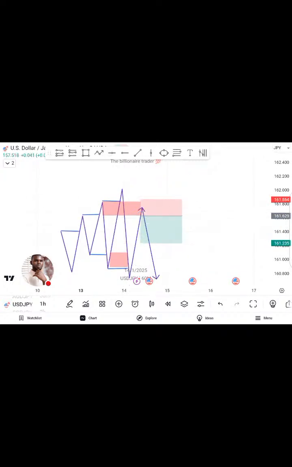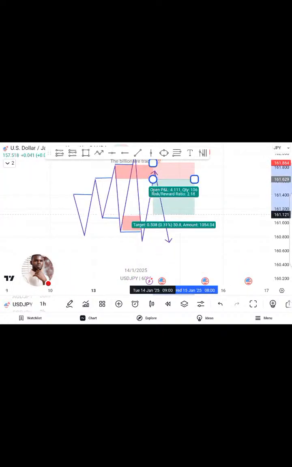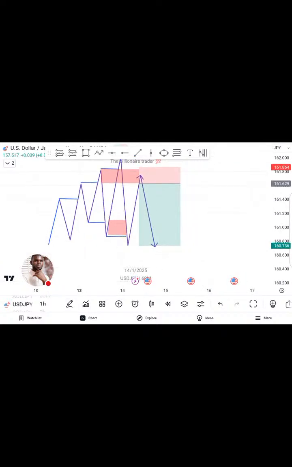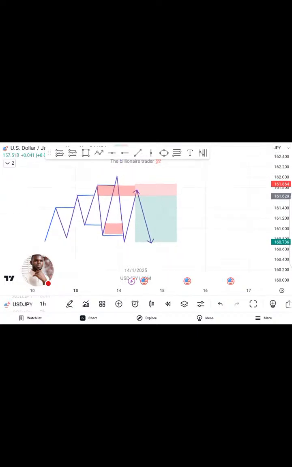So this is one of those things I actually discovered while doing my backtesting. I'm going to explain it again. We have this structure here. Price is breaking highs. Then there is a change of character, signifying that okay, price is ready to go in the other direction.